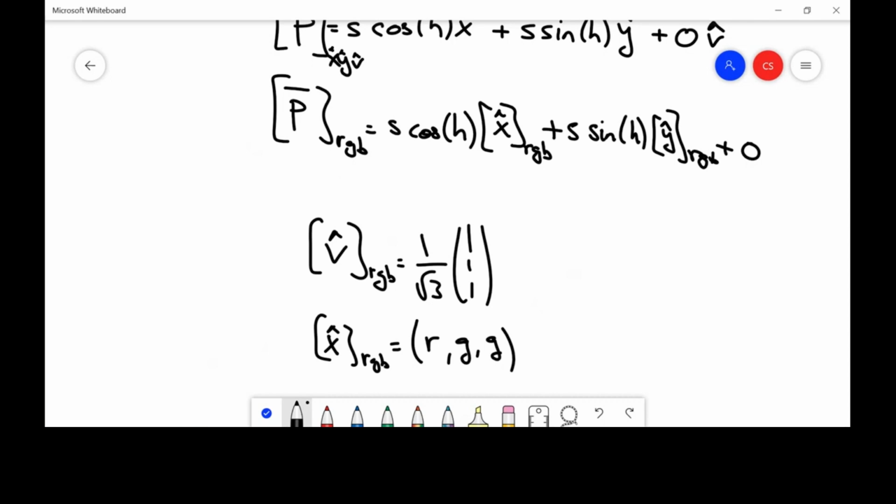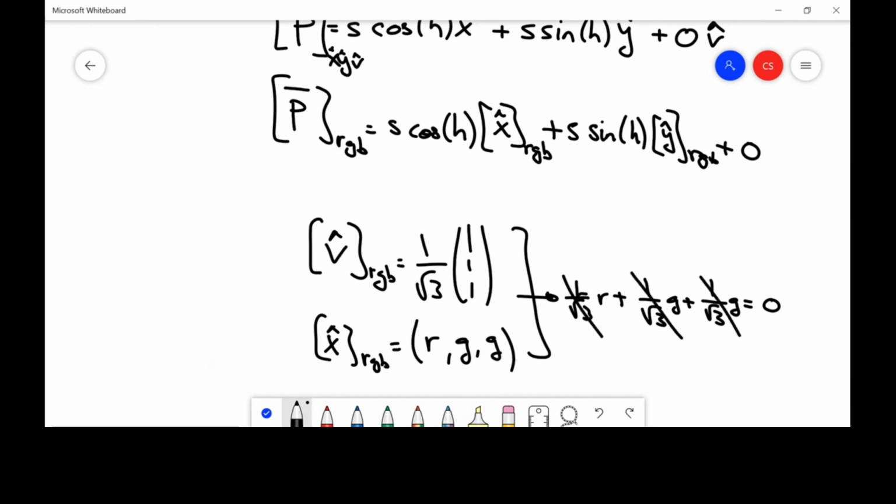And now it has to be perpendicular to this one. Okay, so it has to be such that 1/3 times R plus 1/3 times G plus 1/3 times G again is equal to 0. So that will give you, we can remove all this.